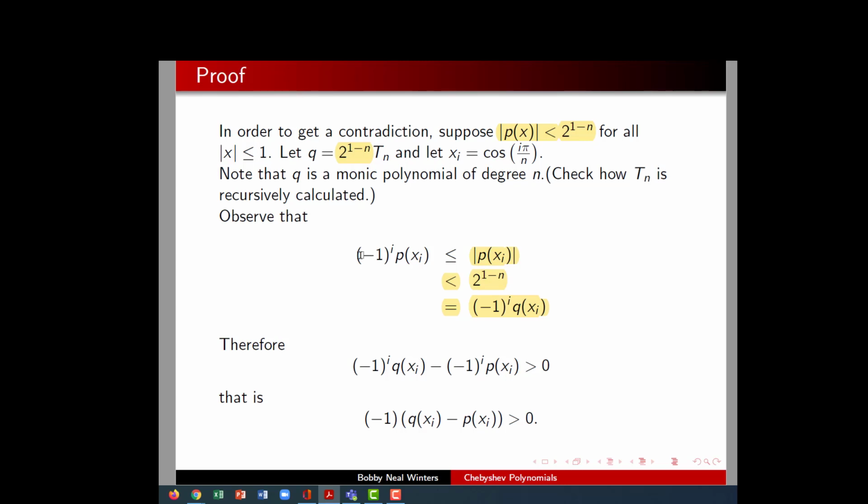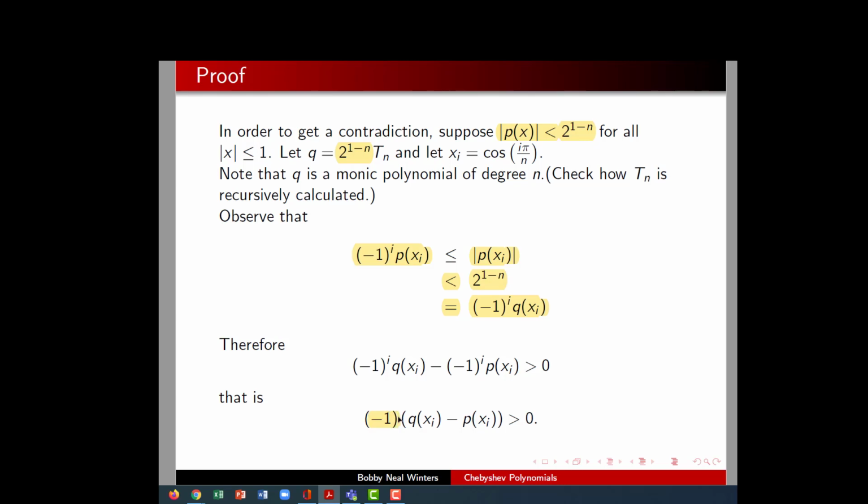So I could subtract this from both sides of this inequality, and it tells me that this is greater than 0, if I factor out the -1 to the i-th power.